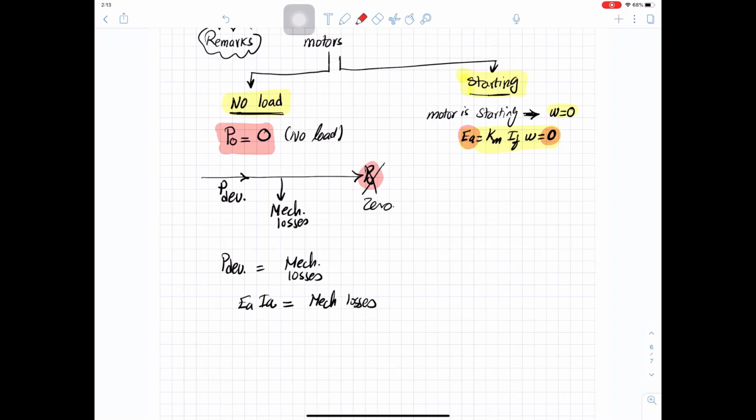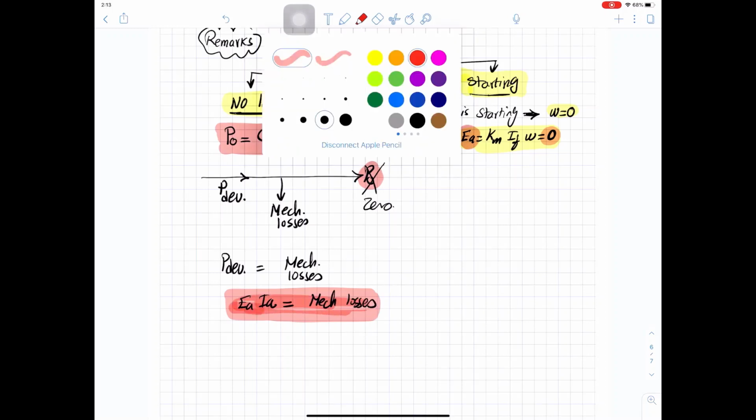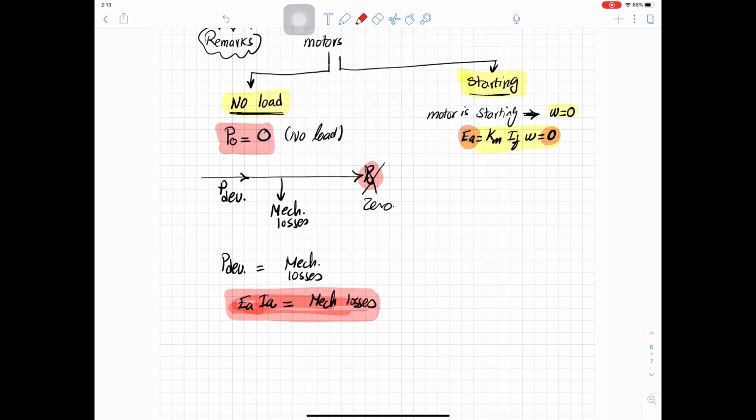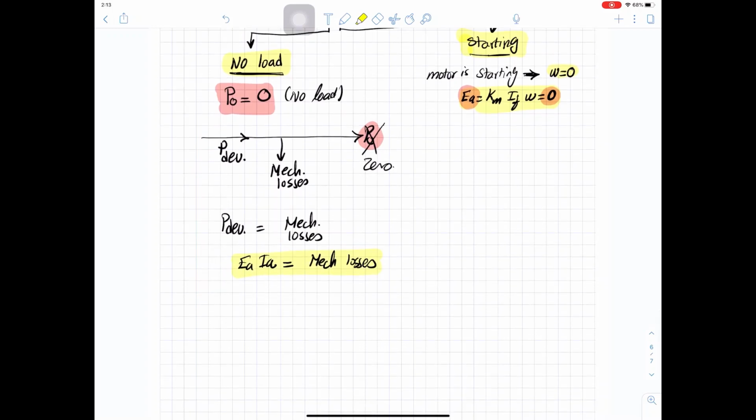If the mechanical losses are 0, your EAIA will be 0. This is what it means when we say you have a motor at no load.